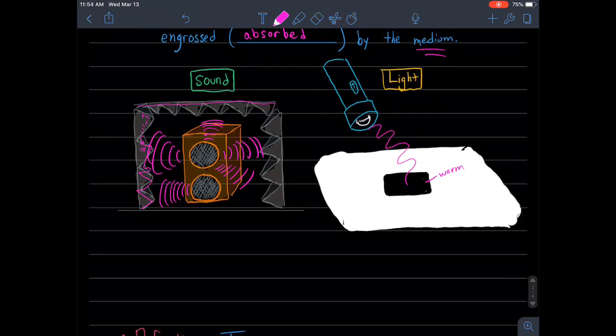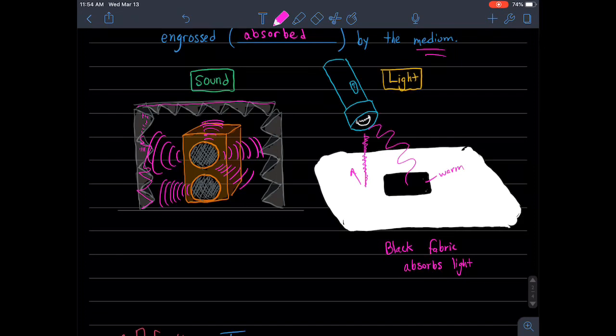So if we were to just kind of define this, we'd say that the black fabric absorbs light. And in contrast, actually, this is an example. If it was this white one, it's not a straight line, but we could draw it as a straight line because light kind of travels in a straight line because the wave is such a tight oscillation that we can draw it in a straight line.